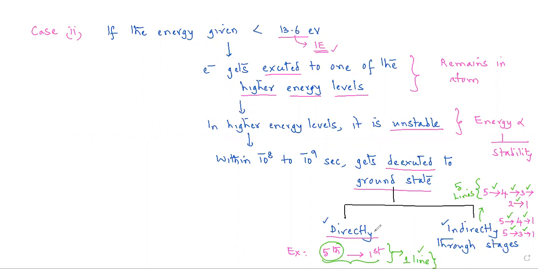It may belong to UV, visible, IR, or some other. Even if you are getting 5 lines, the 5 lines belong to different regions. So depending on the region in which they are formed, the lines are classified into different series.